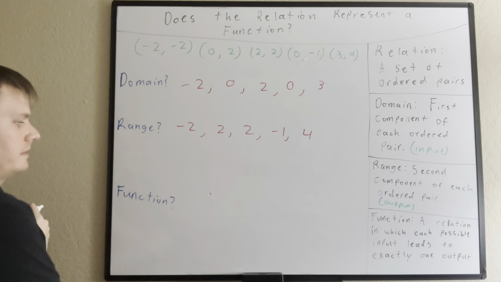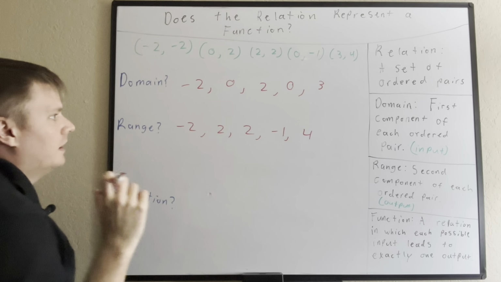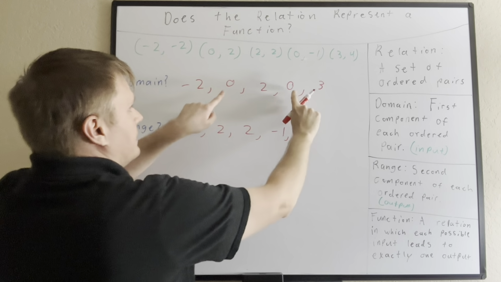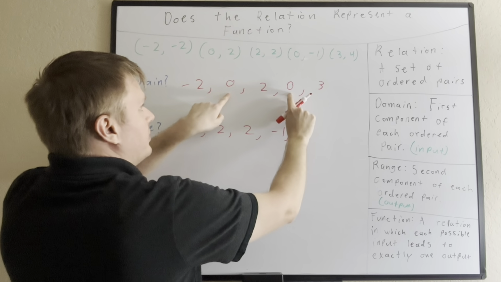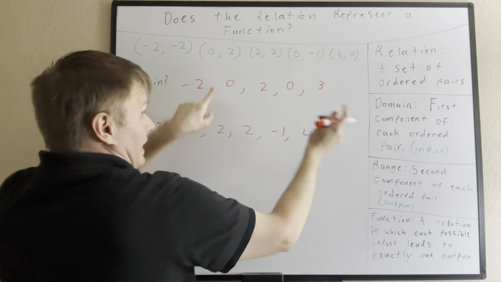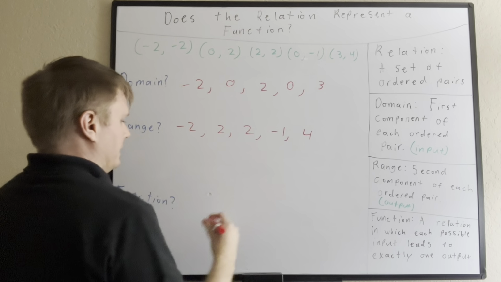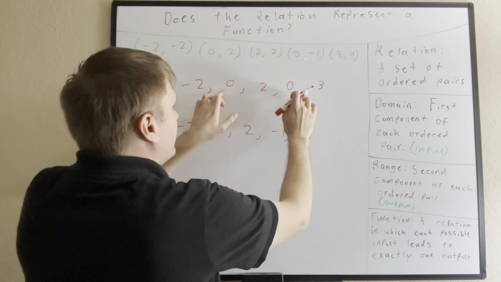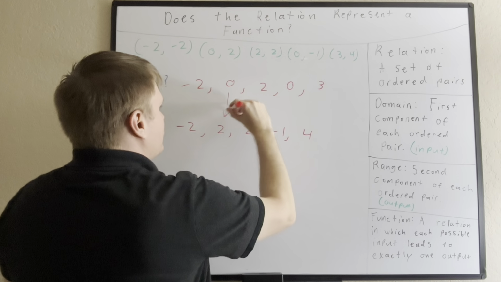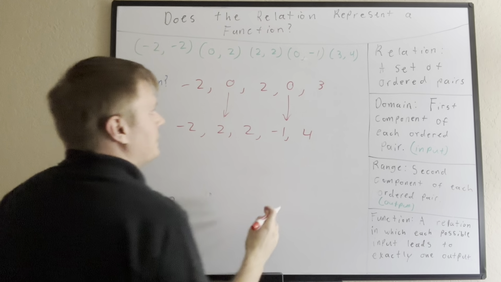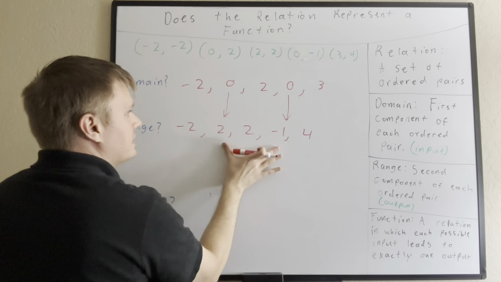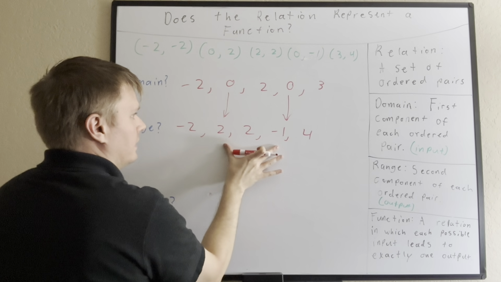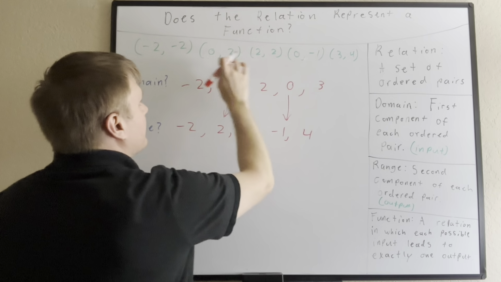Now, can we answer if this is a function? Yeah. The only thing that matters is if we have a repeating input. If we didn't have a repeating input, then we could automatically say, yes, this is a function. But since we have a repeating input, we have to check to see if that input gives us the same output.